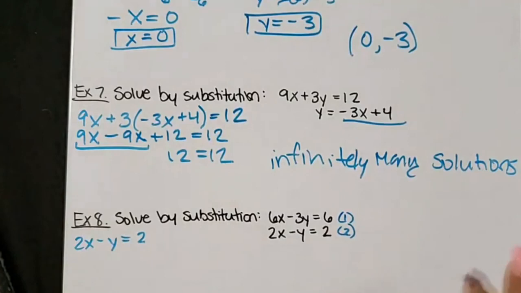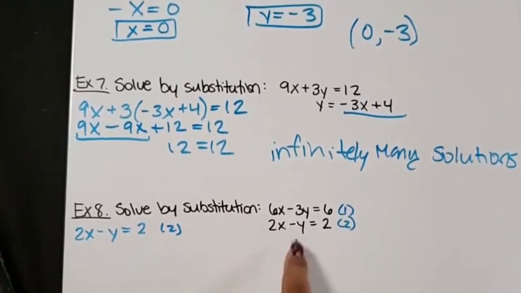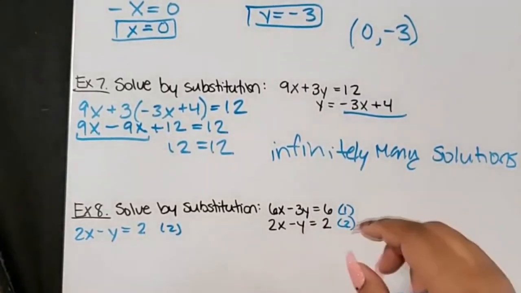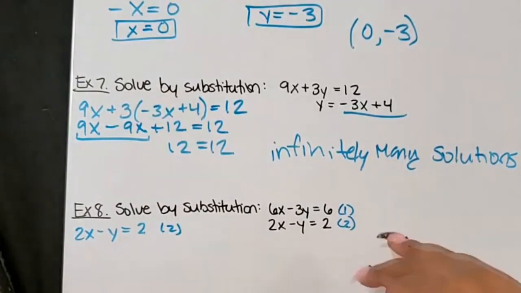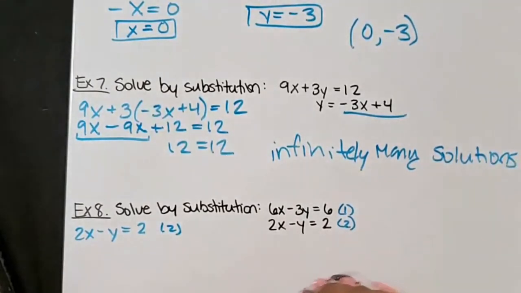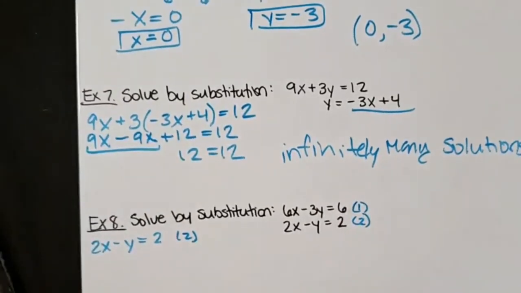All right, so I'm going to take equation 2 and I'm going to solve it for y because there's nothing in front of that y. If it was something in front of the y, then I'd have to divide everything by that number in front of the y and I would have a fraction. I don't want to work with fractions right now. So I'm going to solve it for y.